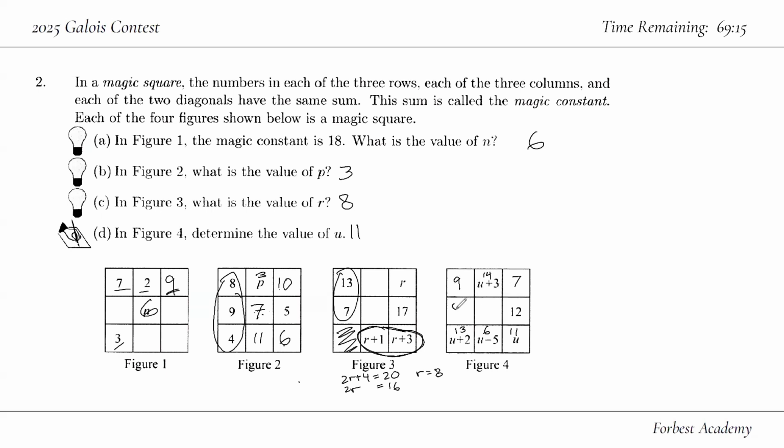This is 9. This is 8. This is 10. Does that work? 19 and 11 is 30. 24 and 6 is 30. 17 and 13 is 30. This is 30, this is 30. Okay, good.